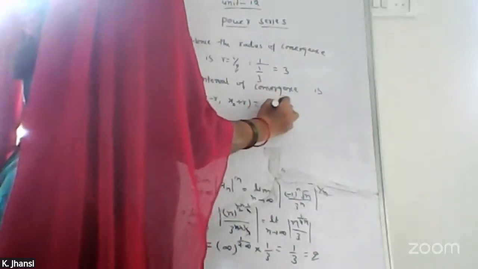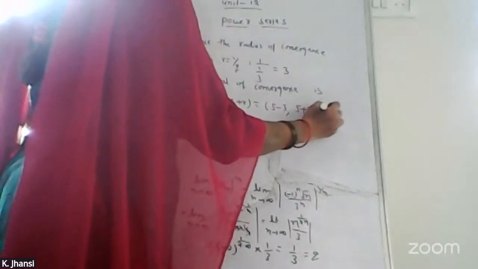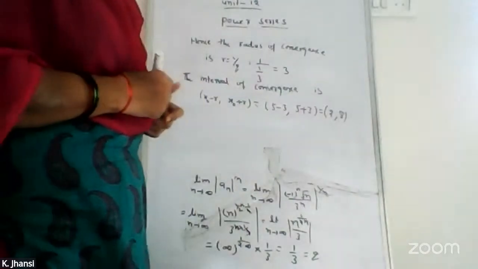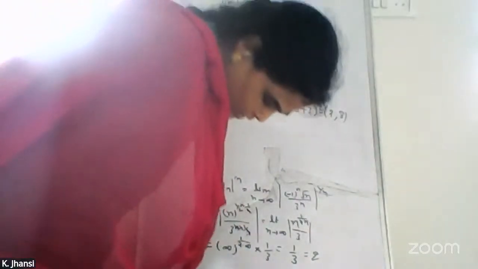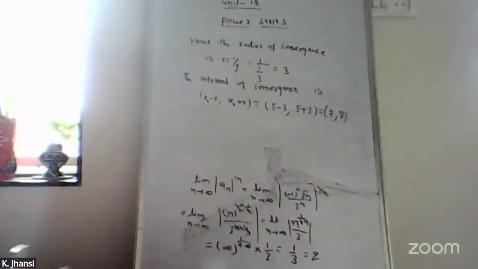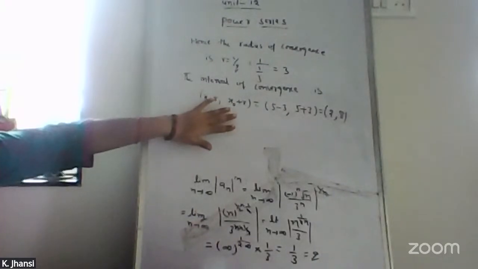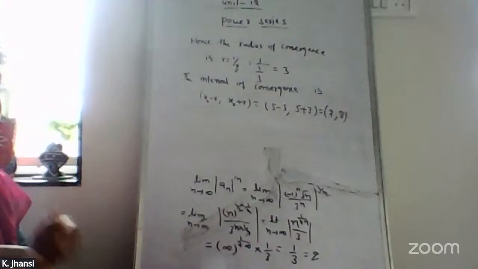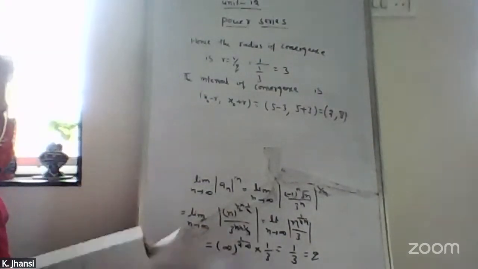So 5 minus 3 comma 5 plus 3, which is equals to 2 comma 8. So the interval of convergence is 2 comma 8. Whenever a_n value is given and also x naught value is given, like this you have to solve the problem. So with these problems, the 12th unit is completed.